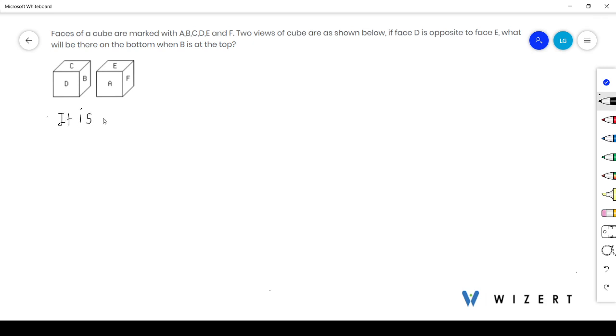Here it is given that D and E are opposite faces.